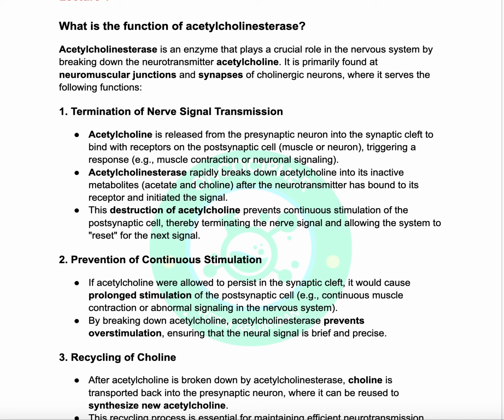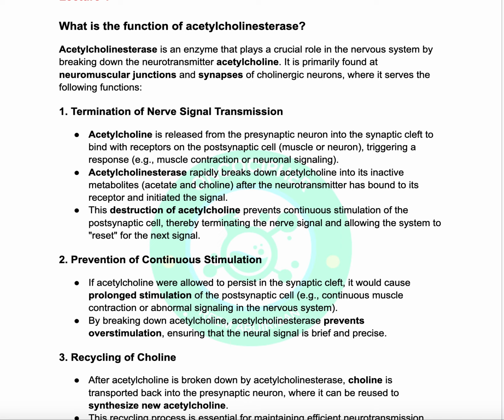The acetylcholine is released from the presynaptic neuron into the synaptic cleft, and then binds to the receptor that is present in the postsynaptic cells, whether it's a neuron or muscle. That leads to neuron signaling if the postsynaptic cell is a neuron, or muscular contraction if the postsynaptic cell is a muscle. I'm talking about the acetylcholine.